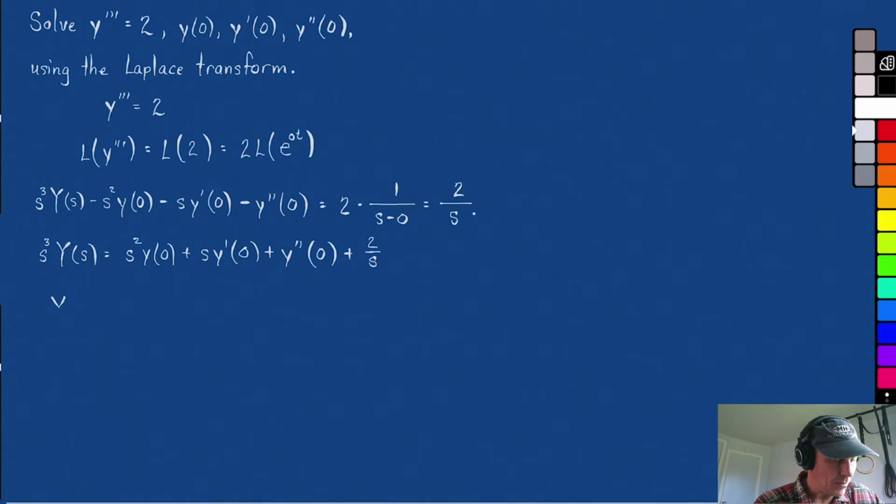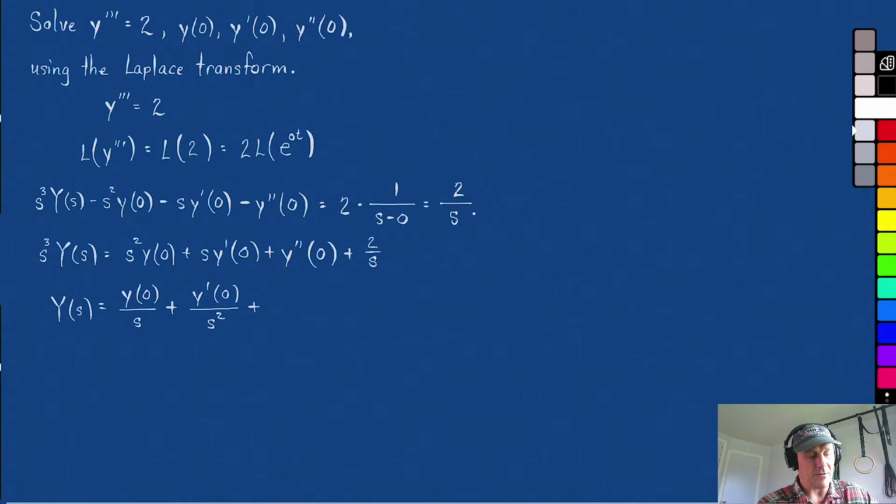Y of s then equals, now when I take s squared y of 0 and I divide it by s cubed, 2 of those s's from the numerator cancel in the denominator. I'm left with y of 0 over s. And then the next one, I divide s y prime of 0 by s cubed. I get y prime of 0 divided by s squared.